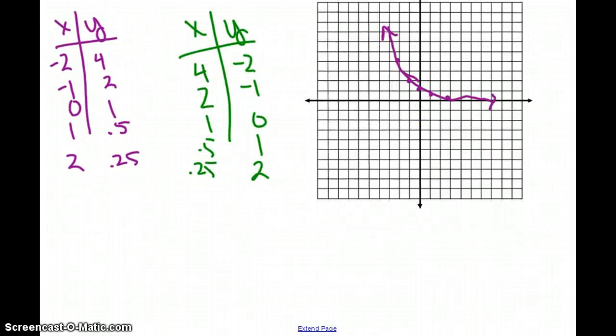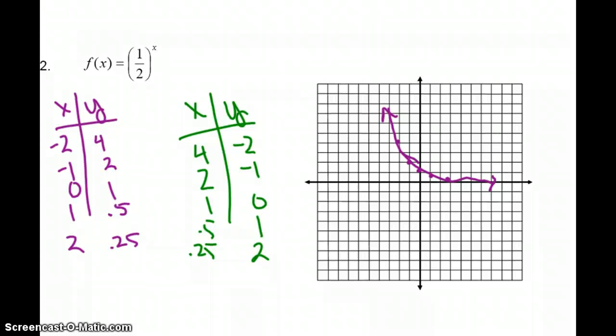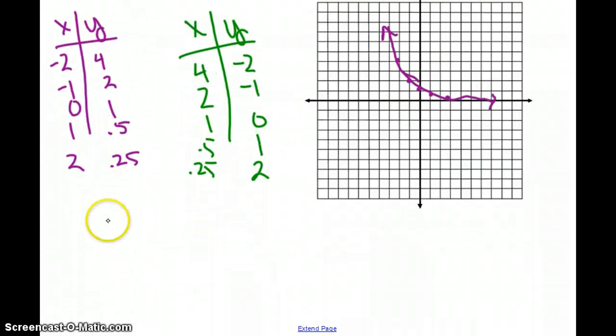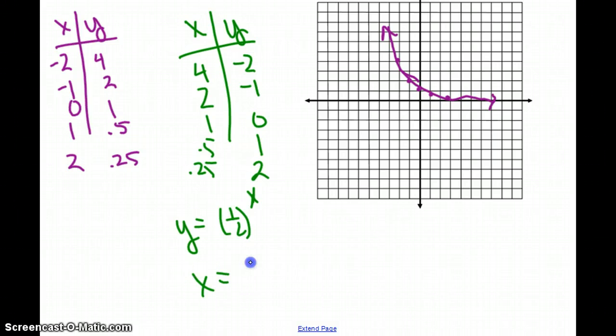To get the function, f of x means y, so I'm going to take y equals 1/2 to the x power, and swap the x and the y. So now I have x equals 1/2 to the power of y.